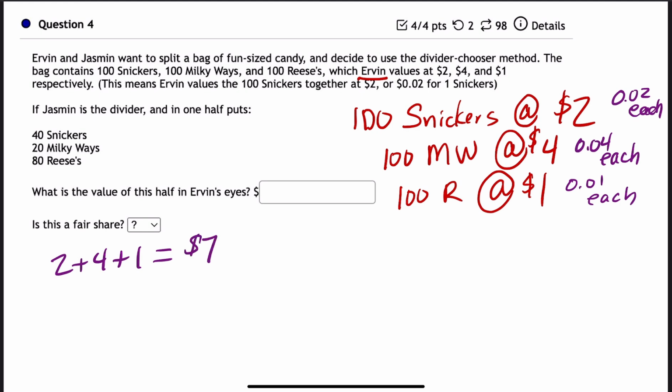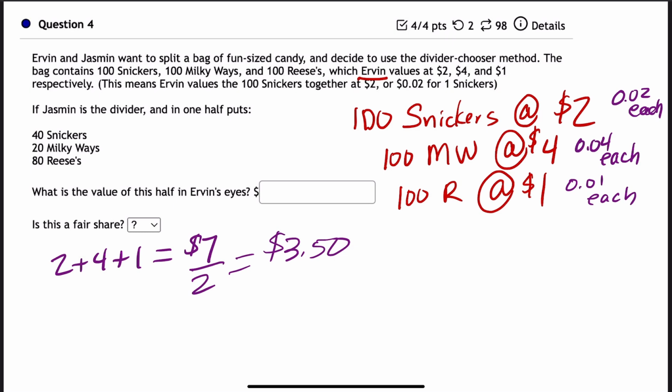Now, how much did they pay for the bag? I have no idea. But I do know that Irvin values the entire bag to be $7. That's the value of the whole thing. Now, if we're trying to do fair share and divide it up evenly between these 2 people, that means Irvin needs to get half of that value in order to feel like it's a fair share.